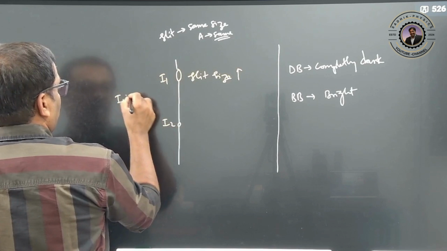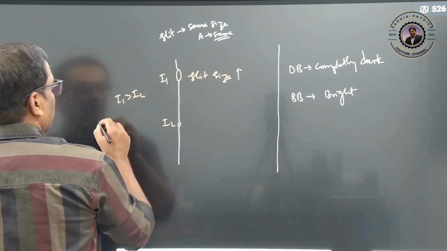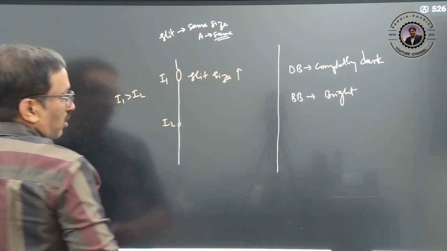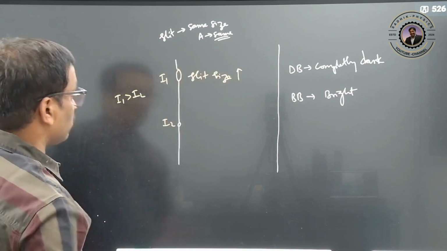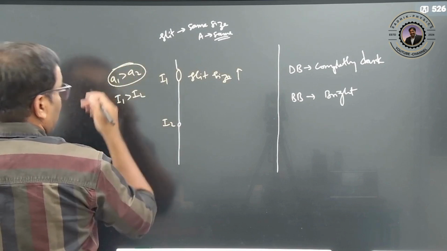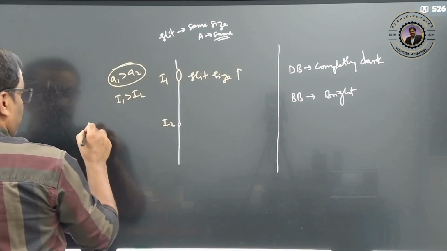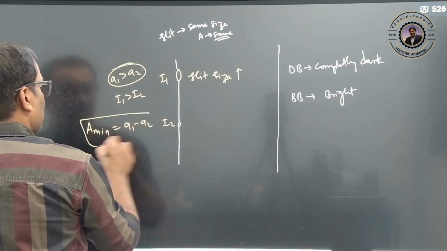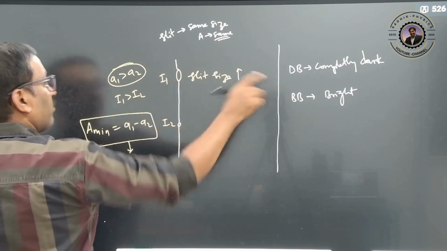I1 will be larger than I2, because through this one a large amount of light is coming, through this one less light is coming. So A1 will be greater than A2. It indicates that A minimum will be A1 minus A2. That means still a certain amount of intensity will be there.